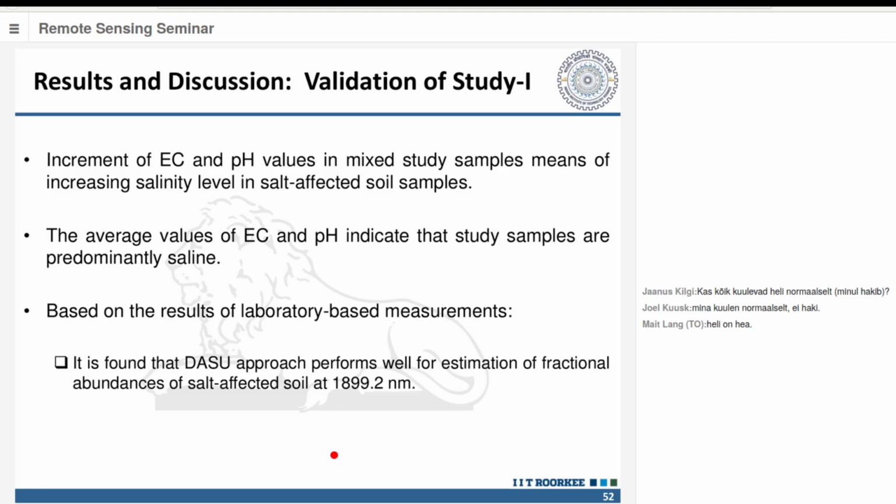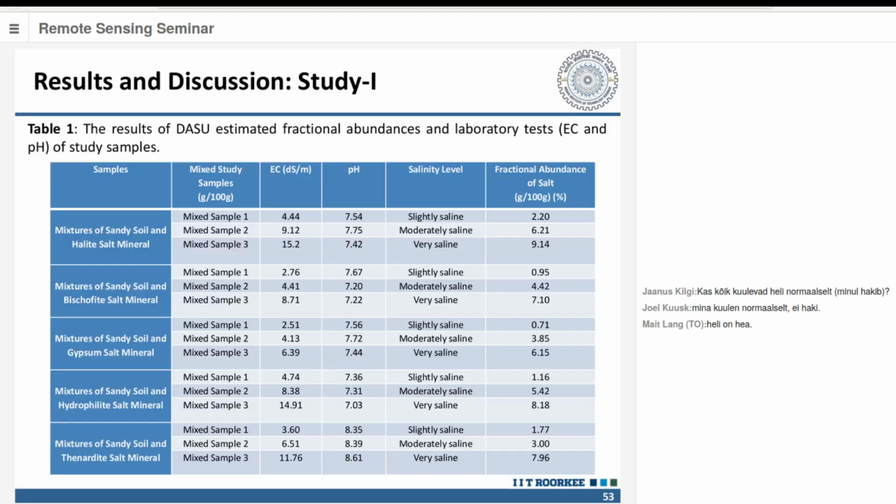Based on the results of laboratory based measurements, it is found that the DASU approach performs well for estimation of fractional abundances of salt affected soil at the 1899.2 nanometer wavelength region. And this is the table with the results of DASU estimated fractional abundances and laboratory tests, which are electrical conductivity and pH of study samples.